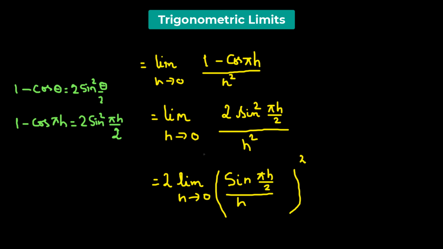Now what we will do: we need pi h over 2 in the denominator, but we only have an h, so we're going to multiply h by pi over 2.